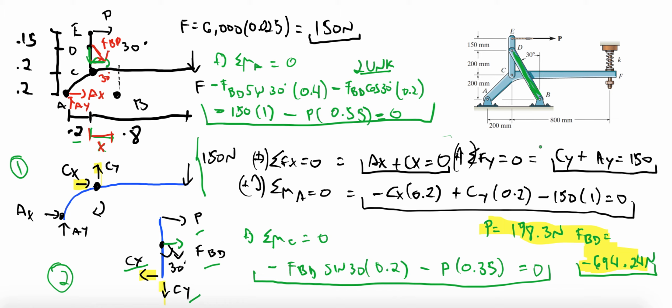If you don't identify that from the beginning, like I didn't at my first attempt, it's okay, because at some point when you break it apart, you notice that it's a two-force member.